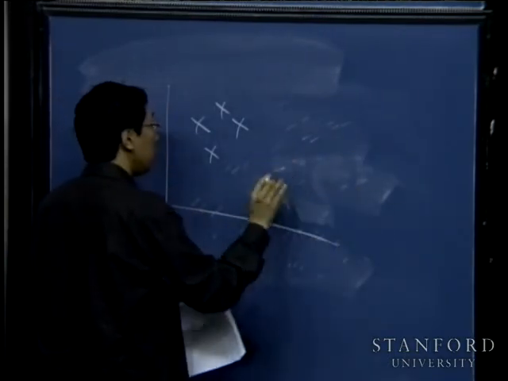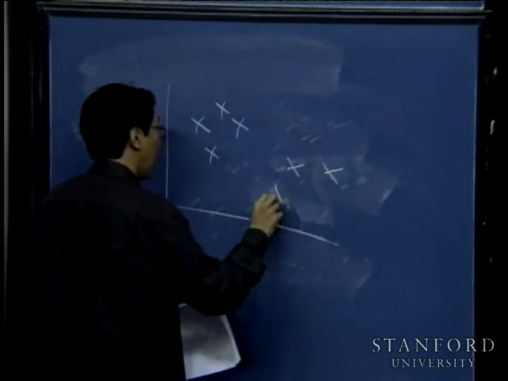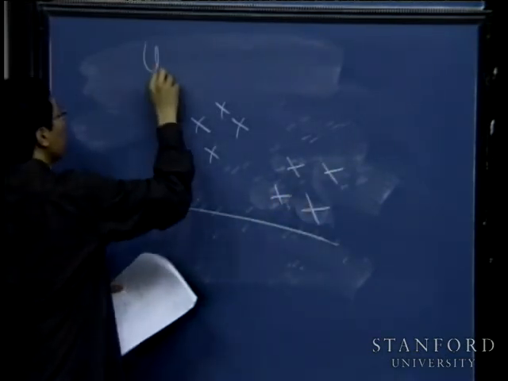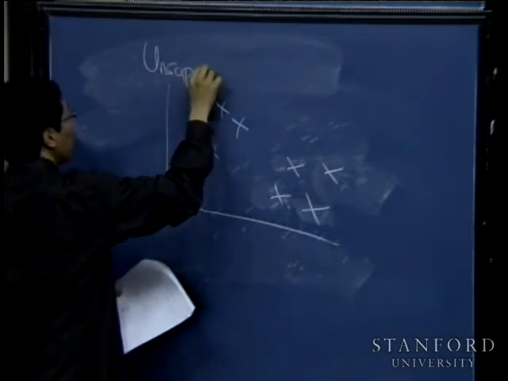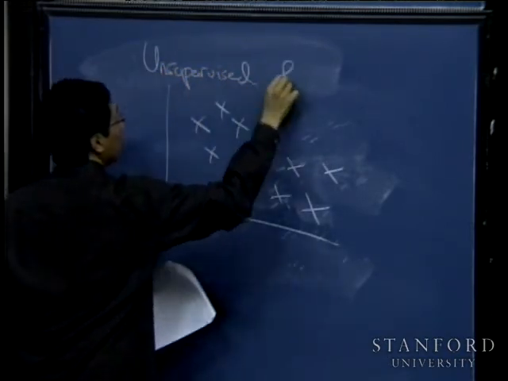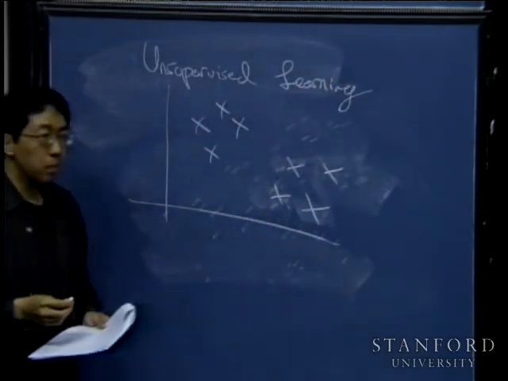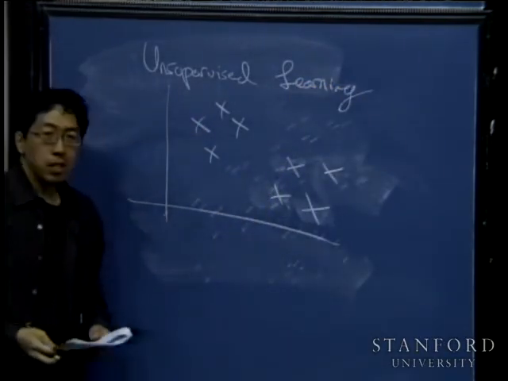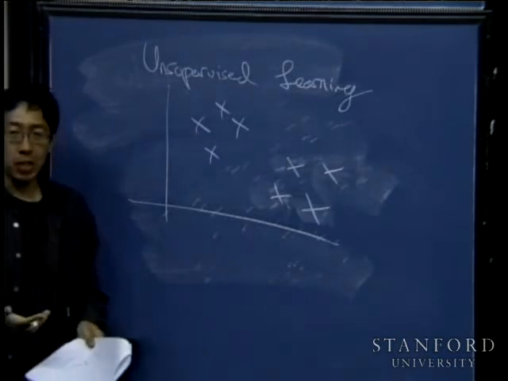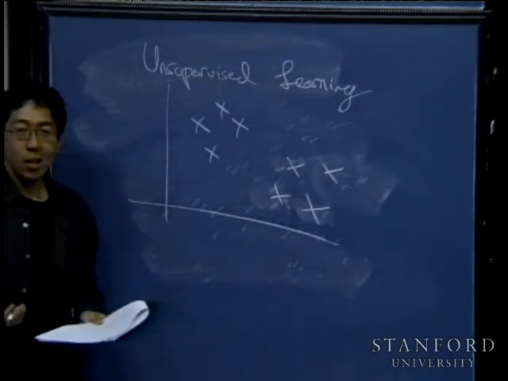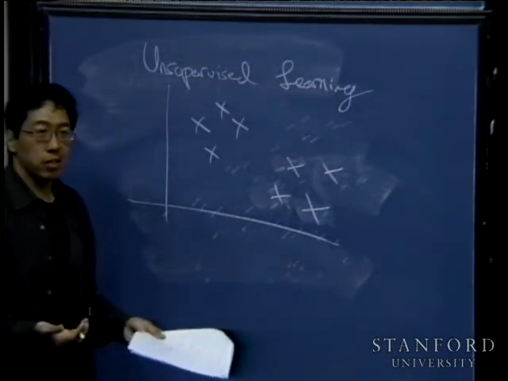In contrast, in an unsupervised learning problem, this is the sort of data you get, okay? Speaking loosely, you're given a data set, and I'm not going to tell you what the right answer is on any of your data. I'm just going to give you a data set, and I'm going to say, would you please find interesting structure in this data for me?